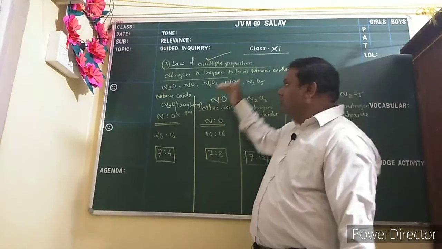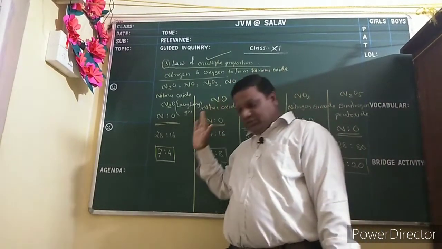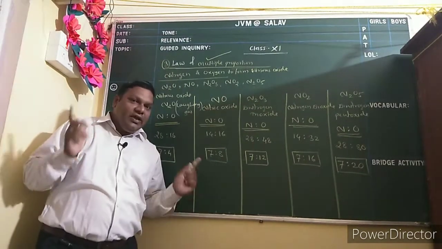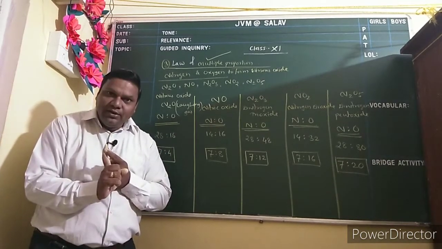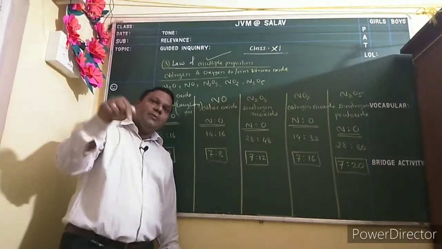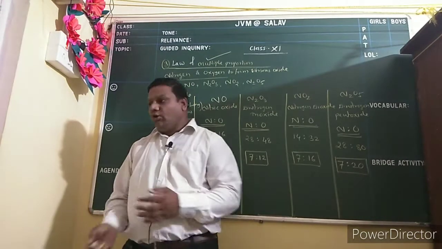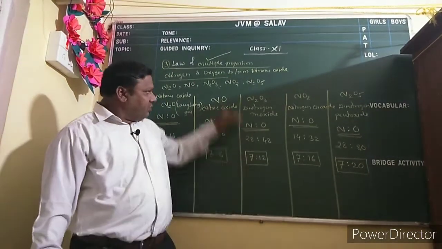Understood? The law of multiple proportions is stated as: when two different elements combine to form more than one compound, the proportions remain different, that is multiple. This is called the law of multiple proportions. Okay, thank you. Please note this down.